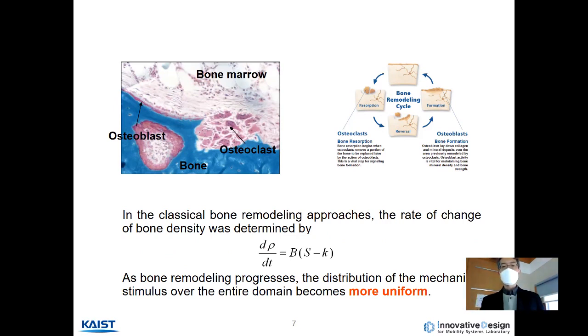Conversely, if we have a smaller stimulus, then bone density gradually decreases. If they are the same, then we can say the bone is in its own equilibrium. By using these simplifications, as bone remodeling progresses, the distribution of mechanical stimulus over the entire domain becomes gradually more uniform.